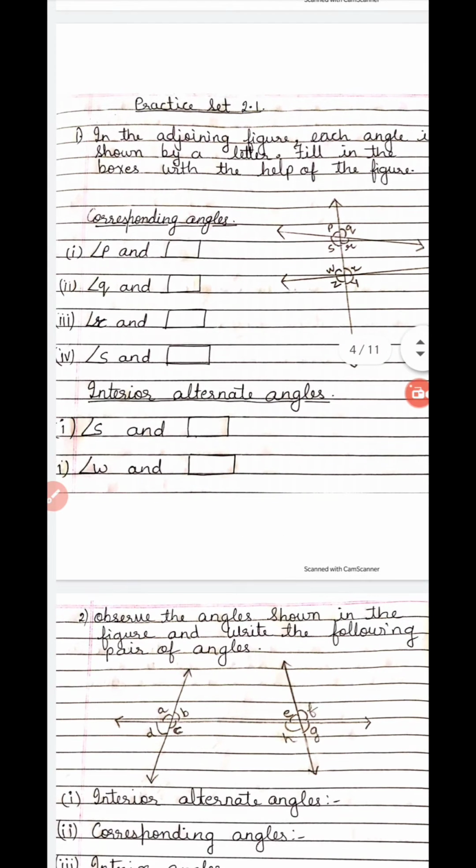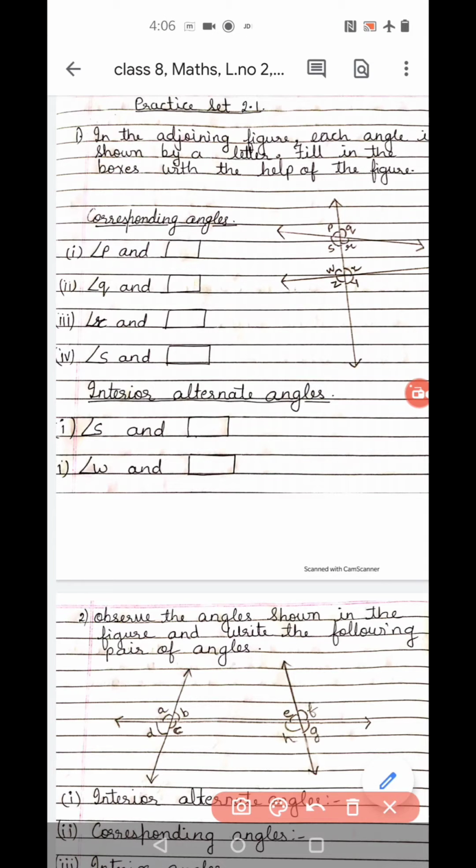Now we have to first fill the corresponding angle. If we see, angle P is corresponding to angle W. In the figure, angle Q is corresponding to angle X. Angle R is corresponding to angle Y, and angle S is corresponding to angle Z. These are the answers.